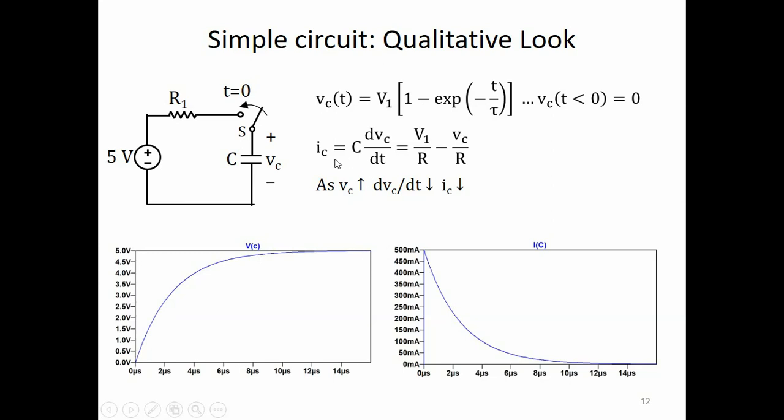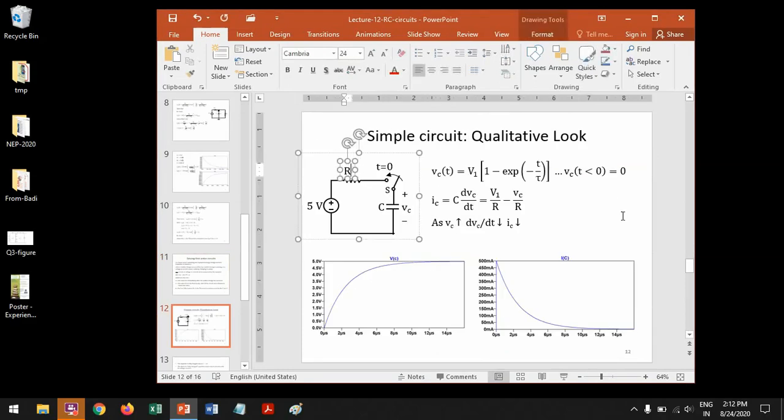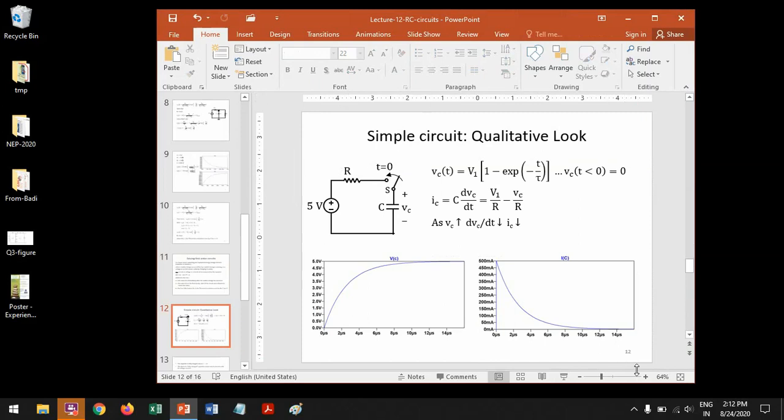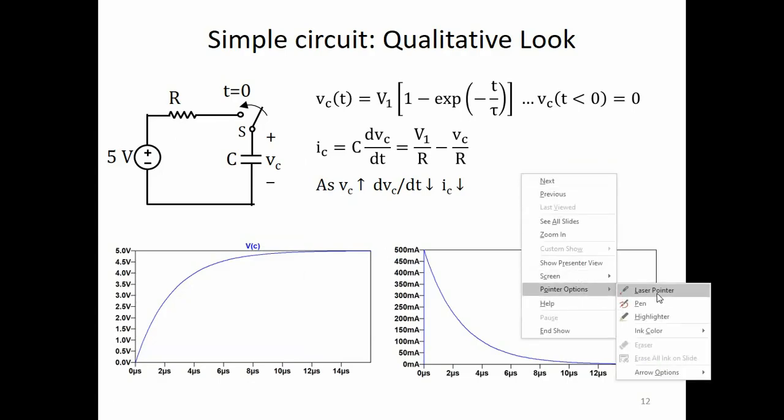Now, the capacitor current is C dVc/dt, and how can this be written? Actually, it can be written as (V1 minus Vc) by R. Okay, I'm sorry, this is R. It should be consistent here, so let us make this R. Alright, that is actually just Ohm's law.